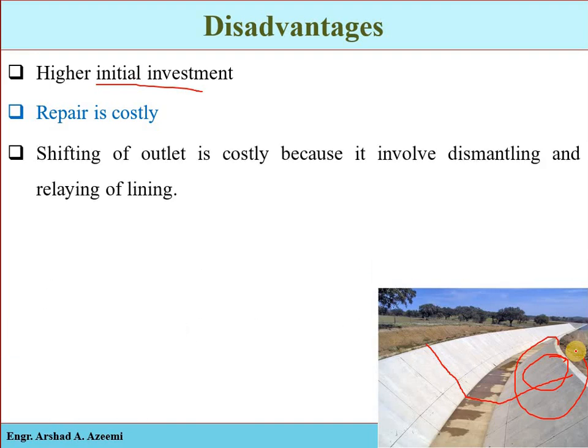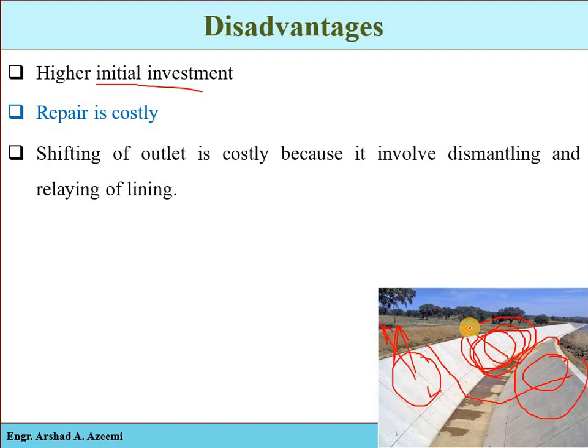Shifting of an outlet is costly. When you are lining a canal, there are some fixed points where the outlet is provided to the farmer. Now suppose a farmer wants to take an outlet at this point, then you will have to completely destroy this whole area and provide the outlet, because once you have lined an irrigation canal, further work in that lined canal is a little bit difficult.